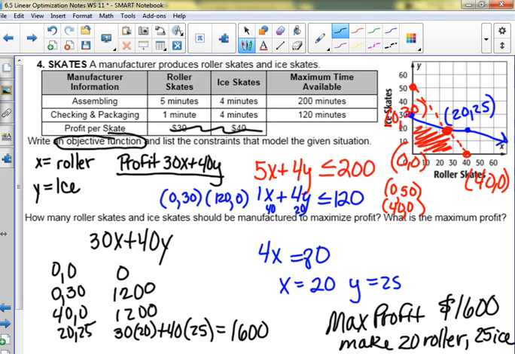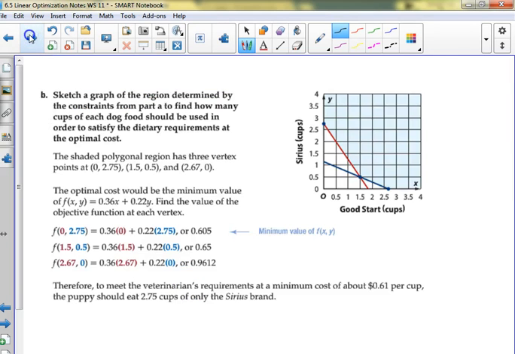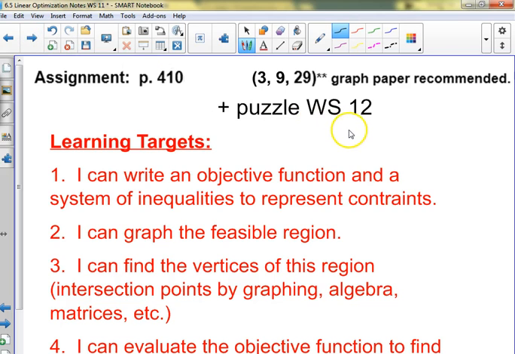We rocking this? Okay. I got news. Kind of exciting news. You have only 4 homework questions. Number 3, 9, and 29 on the book page. And that's why I gave you graph paper, because you're going to want to use nice graph paper to do those 3, okay?